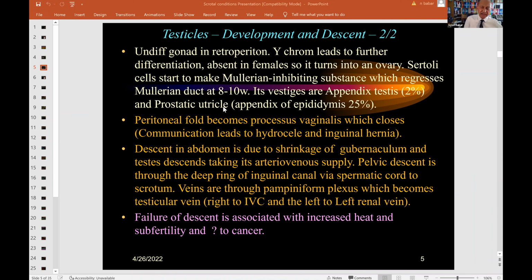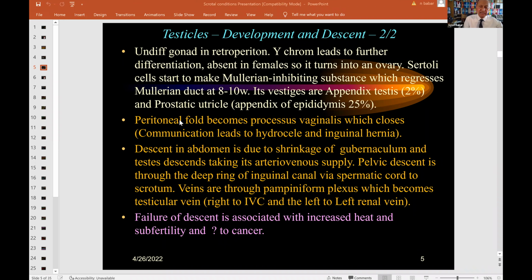Testicles develop high up in the retroperitoneal region, just above the kidneys, and they are suspended above and below by folds of mesothelium, and the lower one shrinks and condenses, pulling the developing testicle down, and it follows a distinct route.